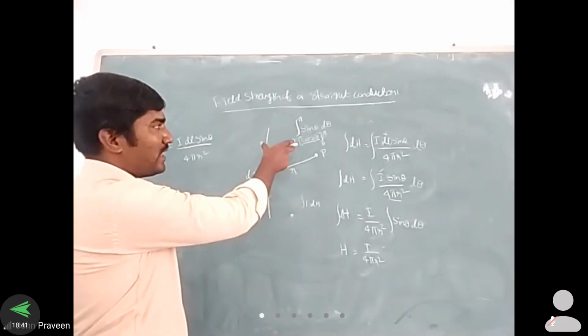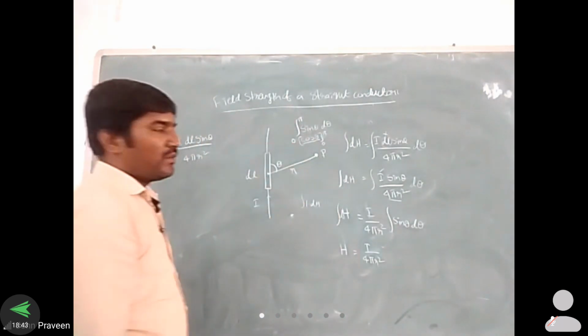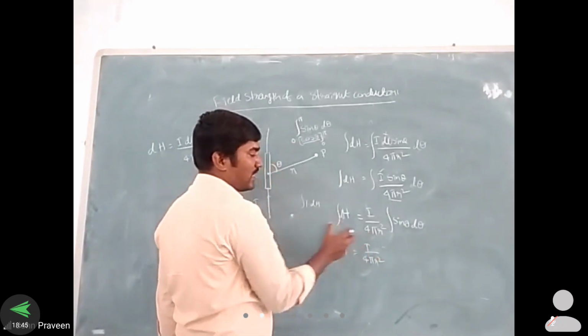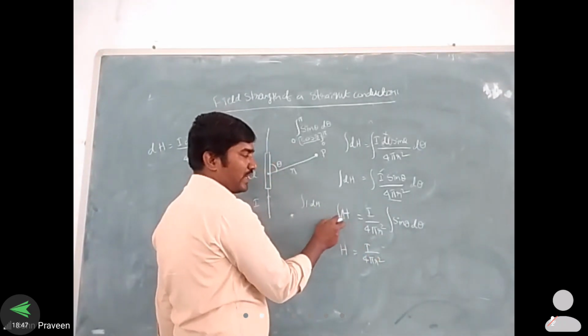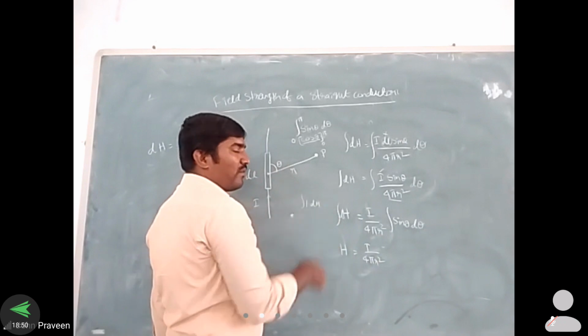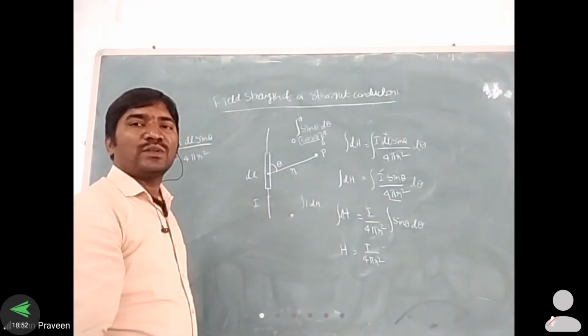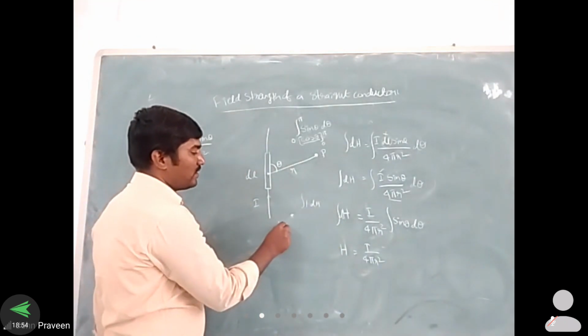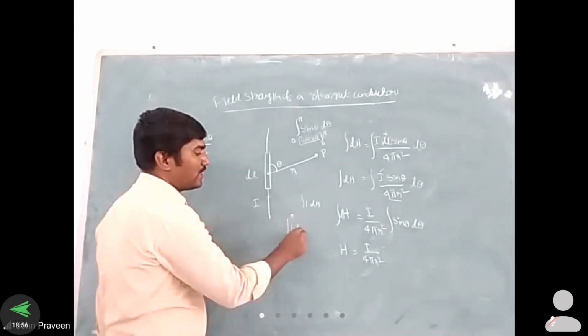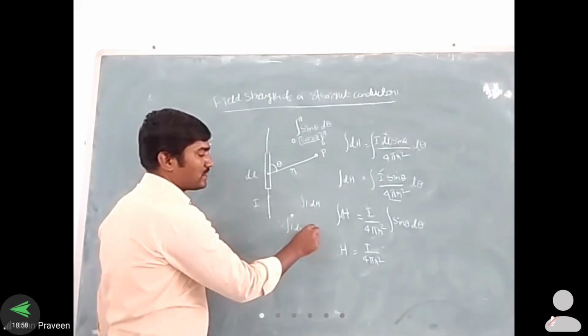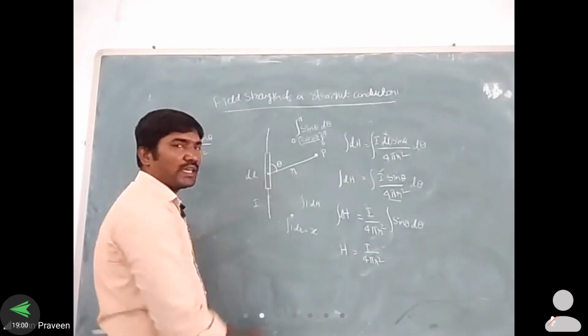We use the same concept here. We separate the constant first, then apply the integration. The integral of 1 dx is x.